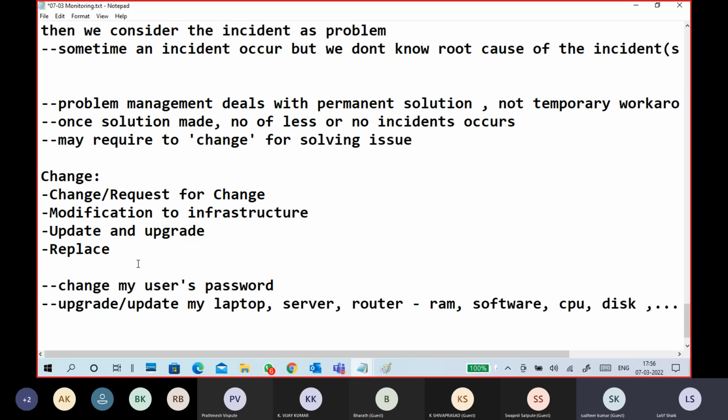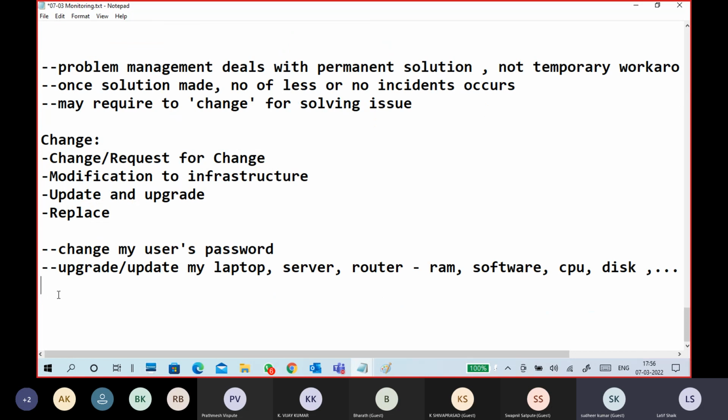Sai sir told one story. It happened when he was working at Brigade Corporation. One of his juniors updated the antivirus. In our organization they have a centralized antivirus server, unlike individual PCs having individual antiviruses.